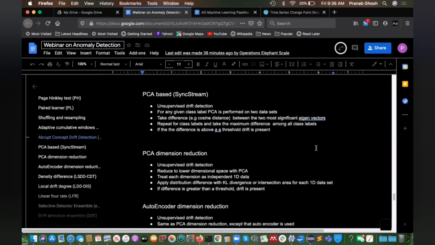With this approach, you take the difference between the most significant eigenvectors. You have the two data sets, you do PCA on both, then from each data set you take the most significant eigenvector, that means the vector with the highest eigenvalue. Then you find the distance between these two vectors, which could be a cosine distance or something. If the distance is large, that means there is concept drift.